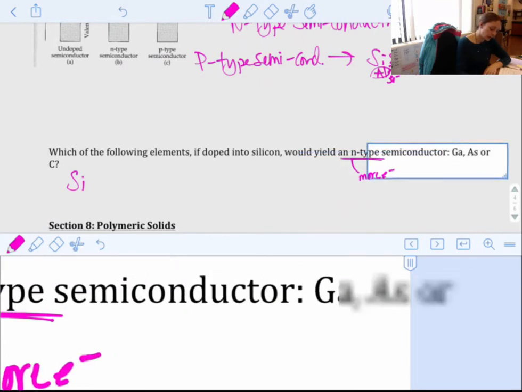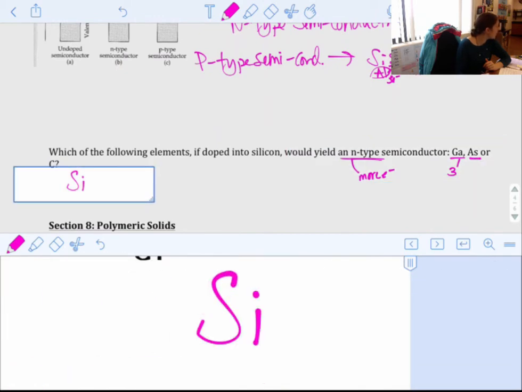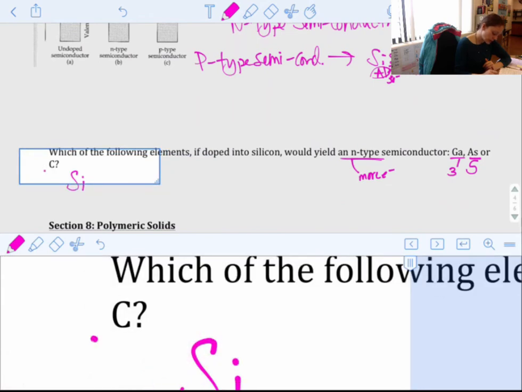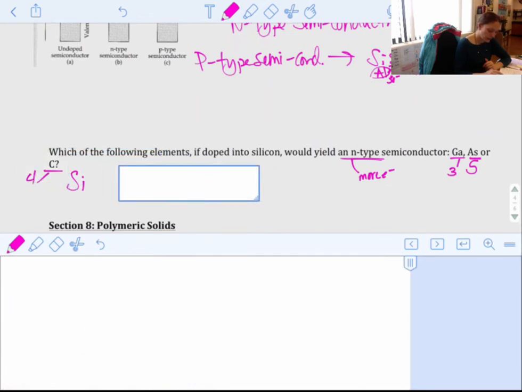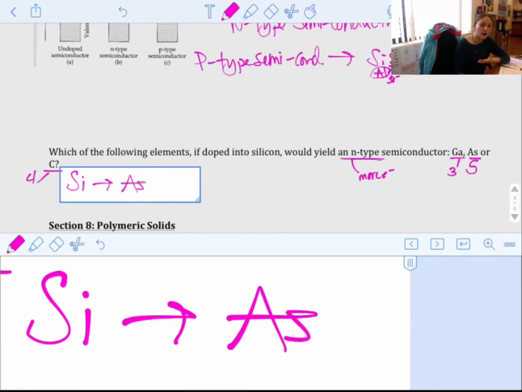So I take a look and say, Ga has 3 valence electrons. As has 5 valence electrons. And then C has 4 valence electrons. So if I wanted N-type, I would dope Si with As, because it has 5 valence electrons. If I wanted a P-type one, I would dope it with Ga, or gallium.